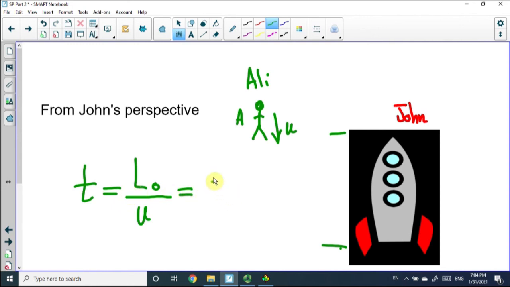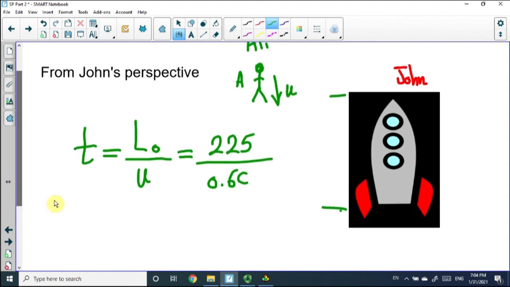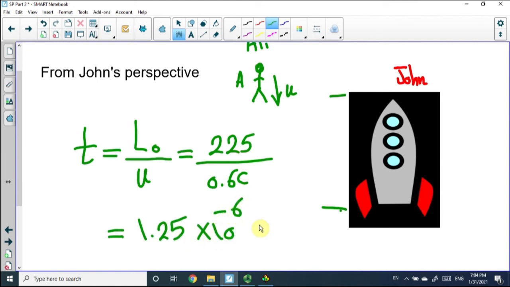Now L0 is 225 meters divided by the speed of Ali, which is 0.6 times the speed of light. A simple calculation will give you the answer, and the answer will be 1.25 times 10 to the minus 6 seconds.